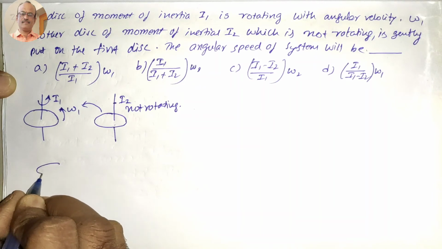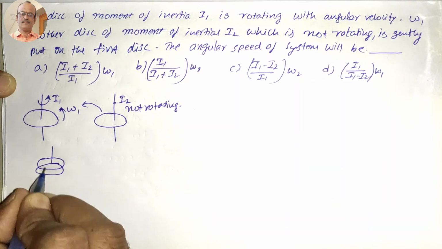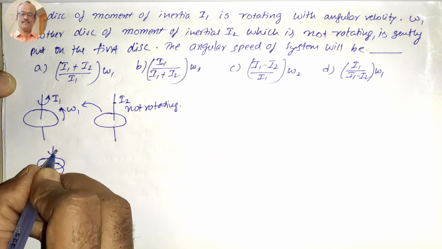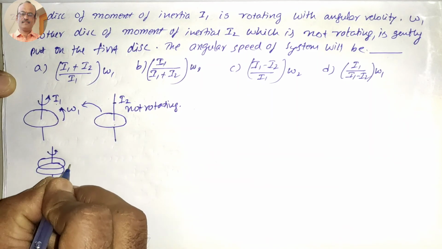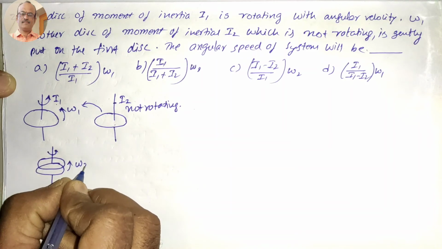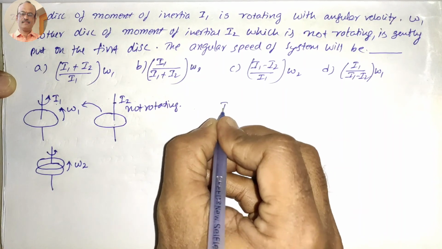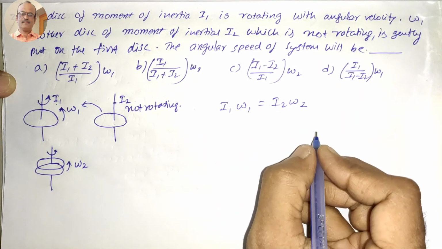So what happens here? This is disk 1, on which we are placing another disk. Now what happens to the moment of inertia? Here we will get a combined moment of inertia I1 plus I2, and the angular velocity required is omega 2. We know that I1 omega 1 is equal to I2 omega 2.